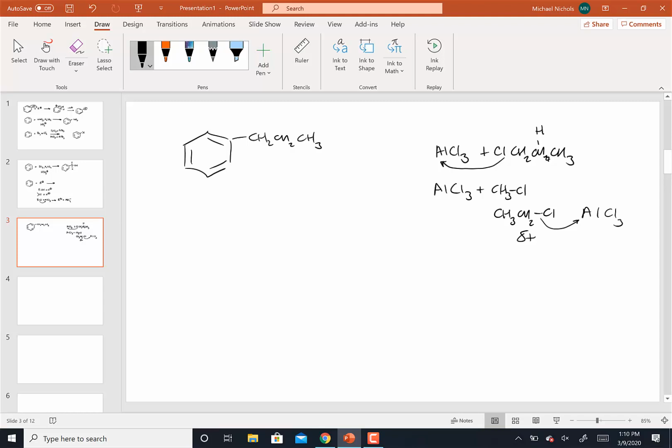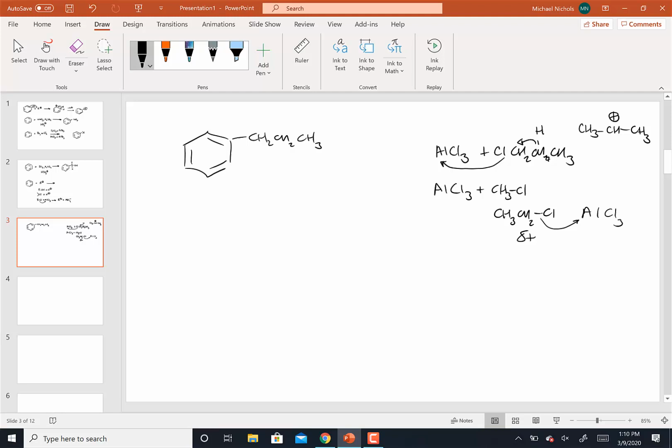And so as the aluminum starts to pull the chlorine away, at some point the hydrogen is going to come over and do a shift, so that I'm going to end up forming an isopropyl carbocation. So with Friedel-Crafts alkylation, you can end up with hydride and methyl shifts, just like we had before.